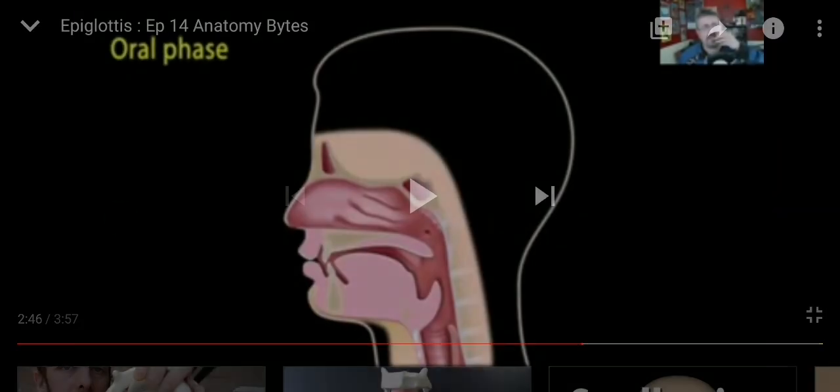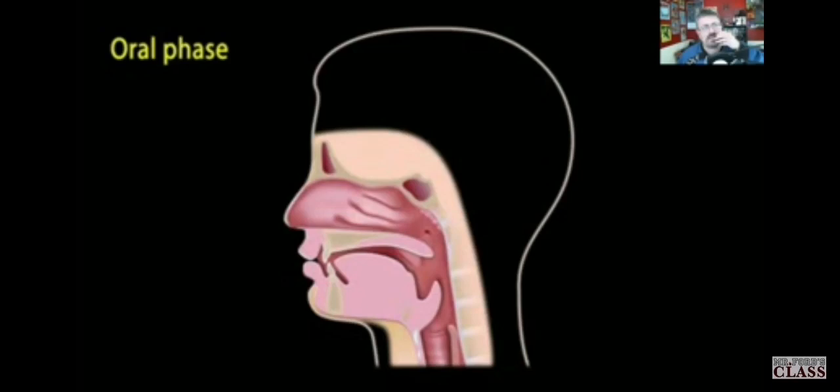Okay, so in this animation you have seen what happens when we gulp our food: the epiglottis will push to the throat by closing the windpipe, and the food will go to the food pipe. So this is the function of the epiglottis. I just want to show you where exactly the epiglottis is situated and how it can be pushed.